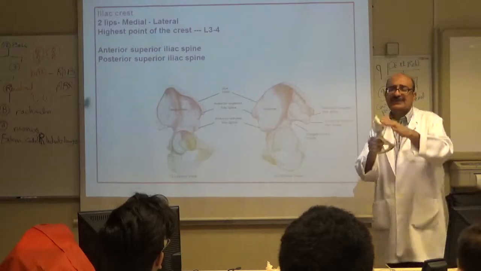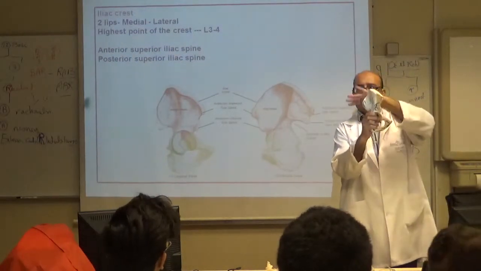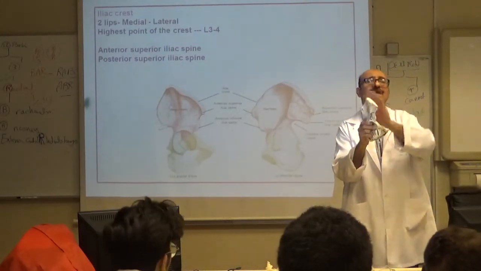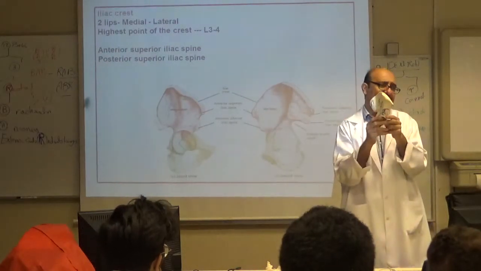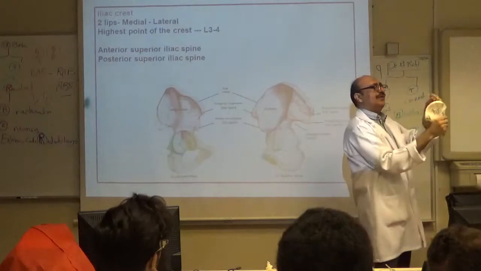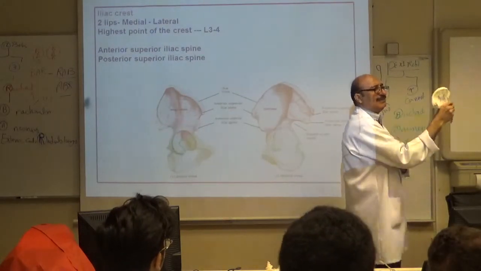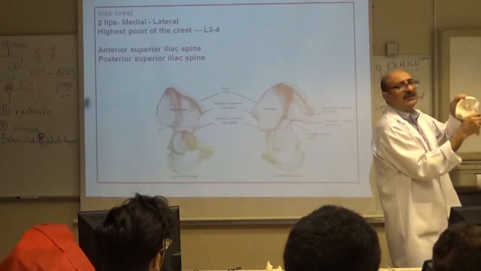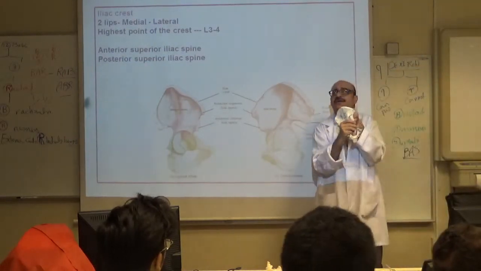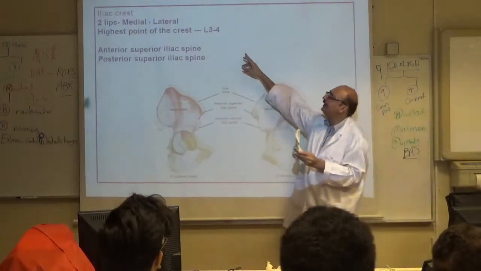Iliac crest. This is iliac crest. It has two lips. Inner lip, outer lip, or medial lip, lateral lip. The highest point on this, if I keep this in anatomical position, is actually corresponding to L3 and 4 vertebra.